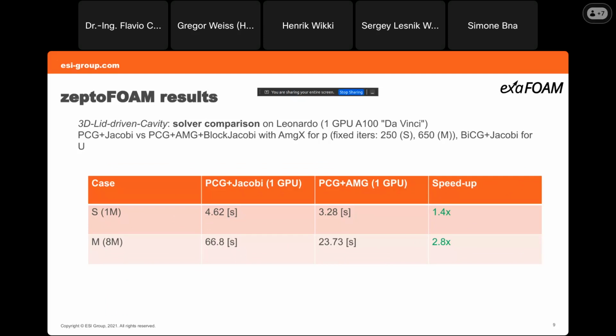This speed up is using the same number of iterations, but one can argue that using multigrid, the number of iterations should be much lower, yes, but you still have a speed up using the same number of iterations. So you can see that you can have an advantage using multigrid and fixing the tolerance with respect to fixing the number of iterations. So the speed up using NGX is still higher with respect to simple Jacobi.